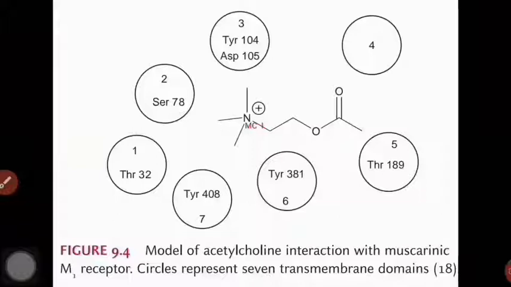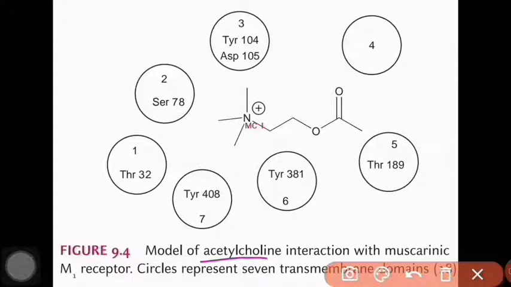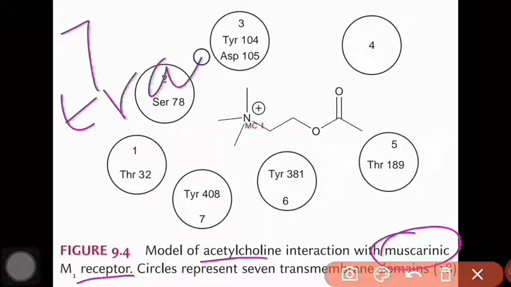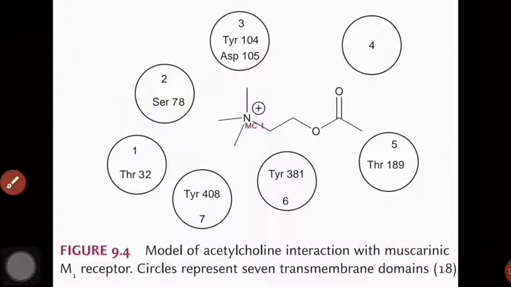This is the mechanism of binding of acetylcholine with the receptor. See this muscarinic receptor. It is a 7 transmembrane receptor, which has many amino acids.